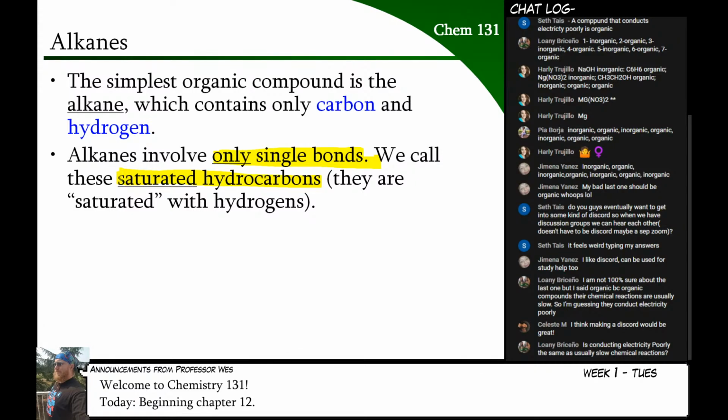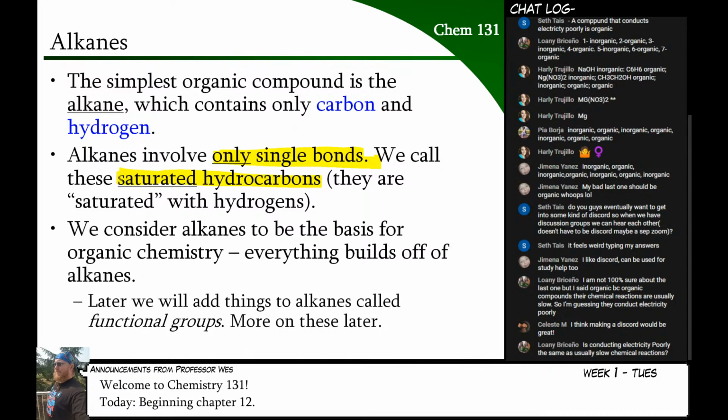What that means is that it has the most hydrogens it can have. Later on, we talk about alkenes, which have double bonds. Note that I said alkane versus alkene. When we have double bonds in the molecule, we replace hydrogens with a double bond. And those will be unsaturated. So we're going to see that later on.